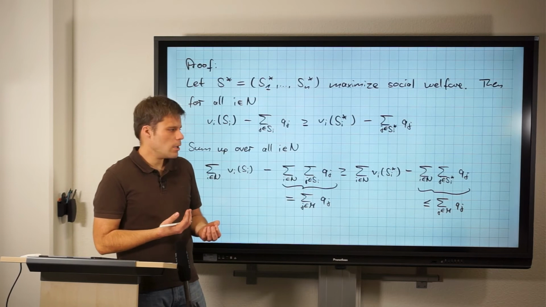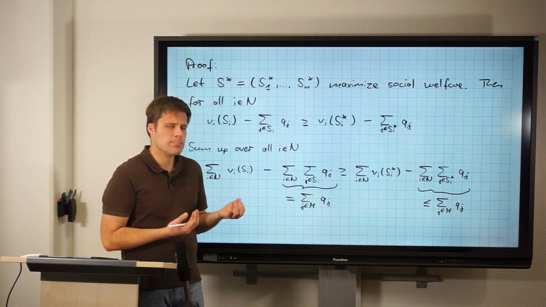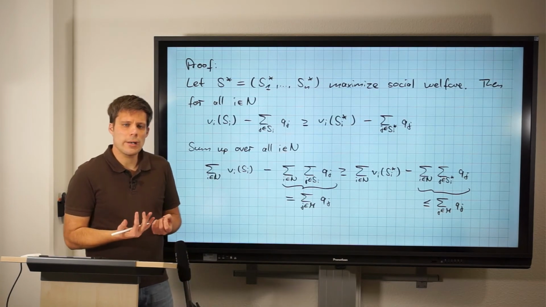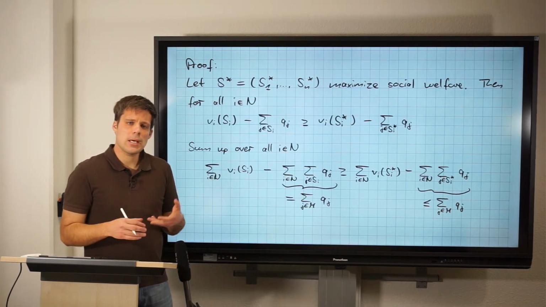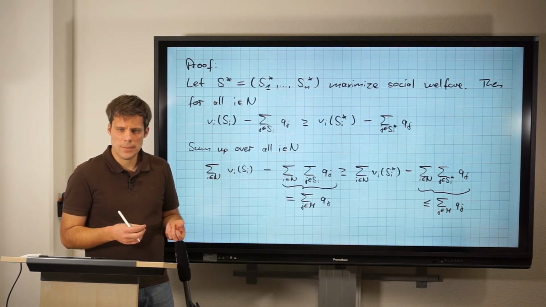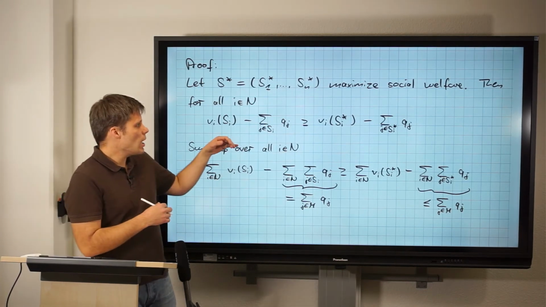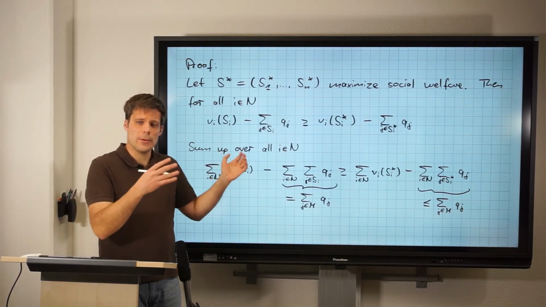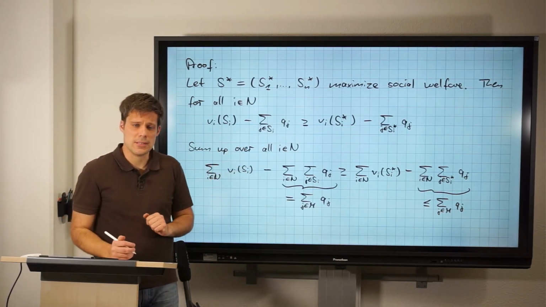Here we don't have equality, because there might be items that are not allocated by S star but which have a non-zero price, because q was just the prices that work well with S, not necessarily with S star.